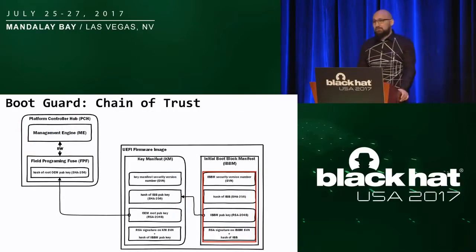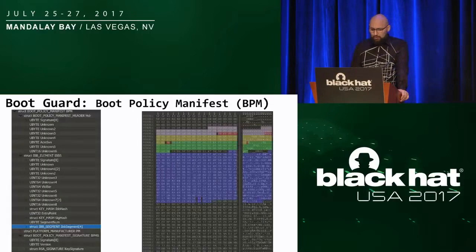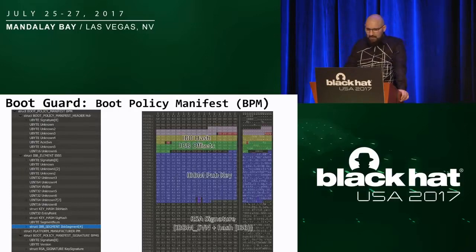Okay, we also have the initial boot block, which covers the integrity of the initial boot block. It exists in the boot policy manifest, and we can see here the IBB hash, and the green color highlights the offsets for the initial boot block. So we have the beginning and the end of the block, which has a hash inside this manifest.